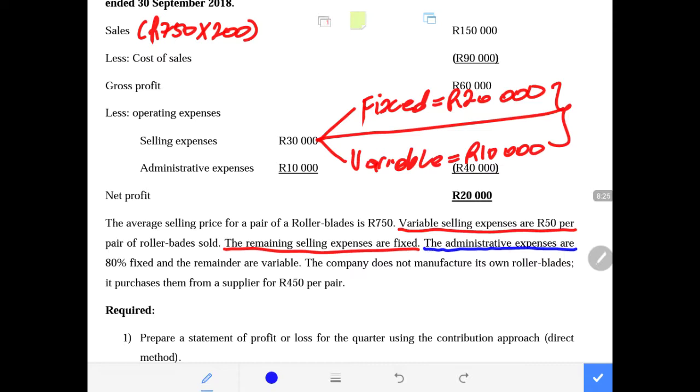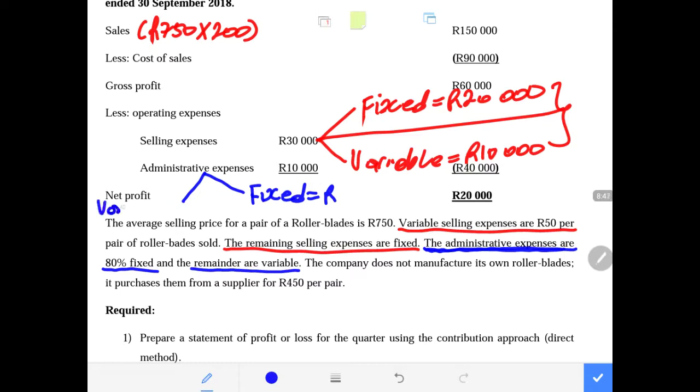The administrative expenses are 80% fixed and the remaining balance is variable. So again we need to split this into fixed and variable. They are telling us that 80% is fixed and 20% is variable.